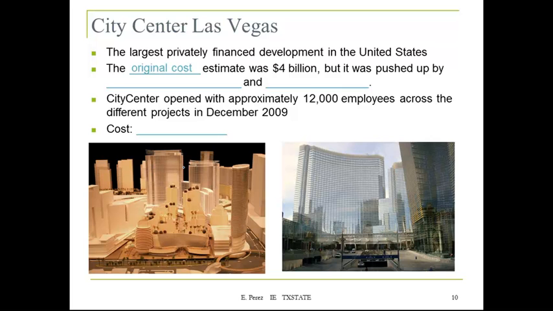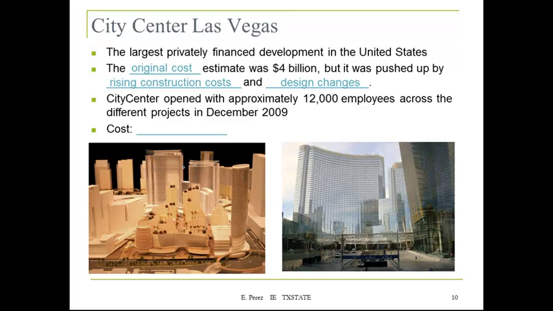The original cost was estimated at $4 billion, but it was pushed up by rising construction costs and also changes in the design. Again, this can be controlled, but it is very uncertain. There will be some things that you need to plan ahead for but don't have control over.